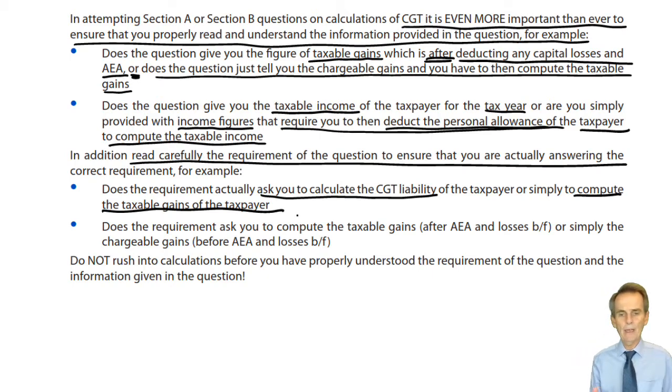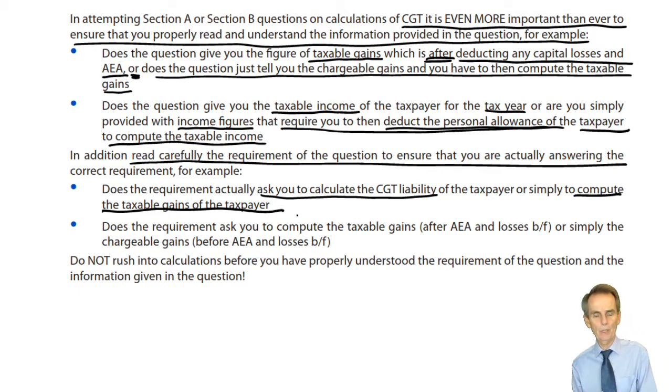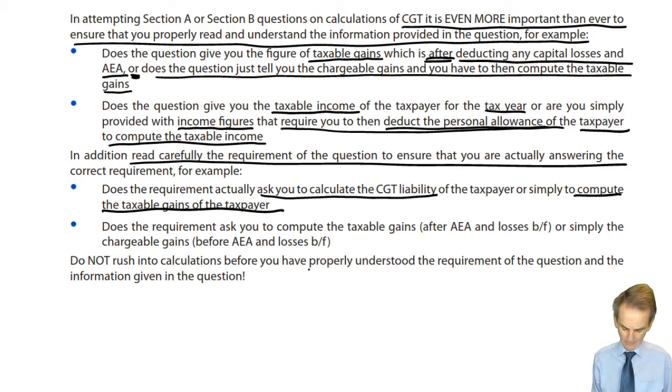They may give you individual assets with market values and/or sale proceeds, your allowable costs, and you've simply got to work out what the net gains of the year might be, and then the taxable gains after deducting any AEA. They don't necessarily always ask you to compute the CGT liability, so make sure you're answering the correct requirement.